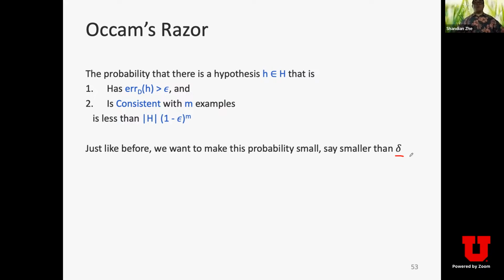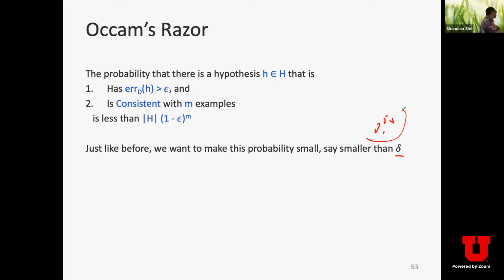Suppose the chance that I happen to find a consistent hypothesis with true error bigger than epsilon is to be less than 0.05. I want to look at what I can do to achieve that.